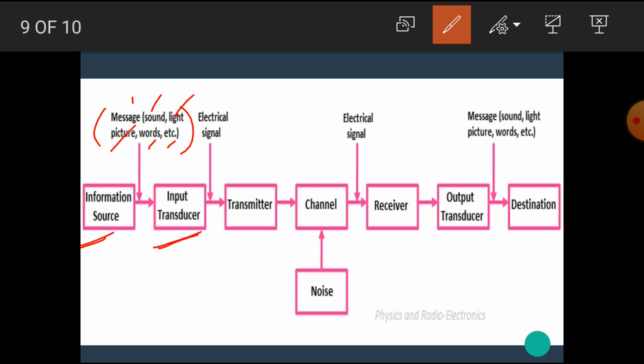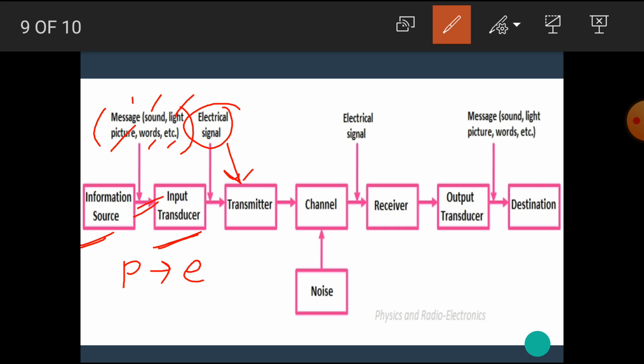The input transducer converts these physical quantities into their equivalent electrical quantities. This transducer is connected at the input side, hence it is named the input transducer. The output of the input transducer is an electrical signal. This electrical signal is further processed by the transmitter block.